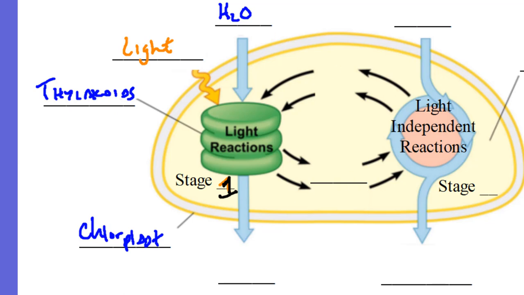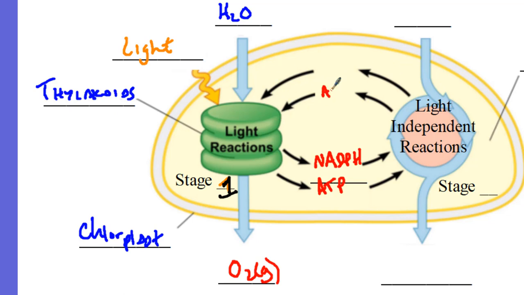And what are we going to get out? What are we going to produce? So our reactant is going to be water. We're going to need light energy in these light-dependent reactions in the thylakoids. And what are we going to produce? We're going to produce oxygen gas out of stage one. We're also going to produce ATP and a molecule called NADPH. What is going to come back into stage one as well?